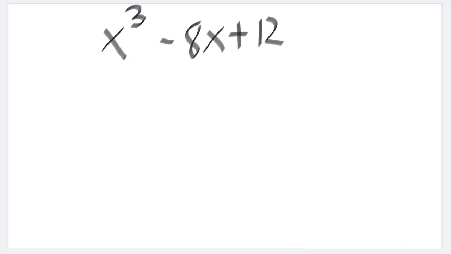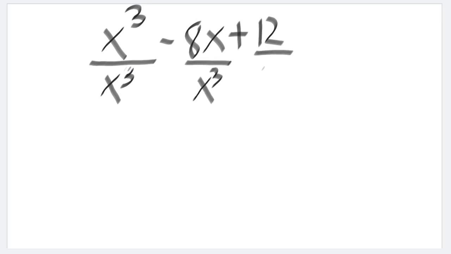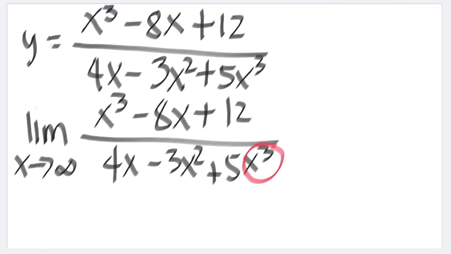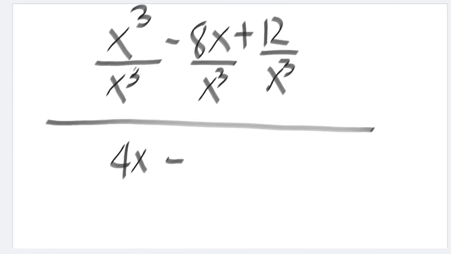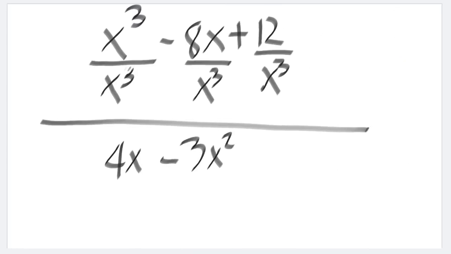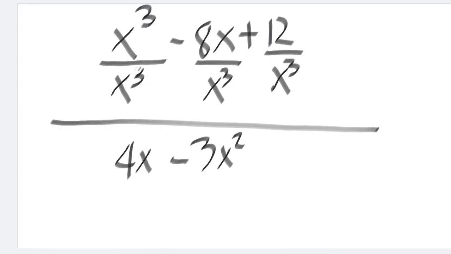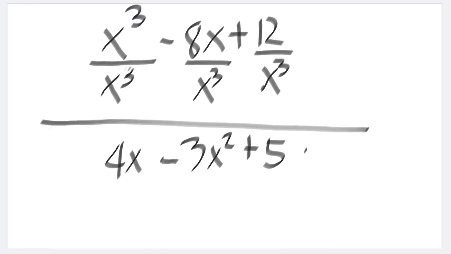So you divide it now by x cubed, all over 4x minus 3x squared plus 5x cubed.